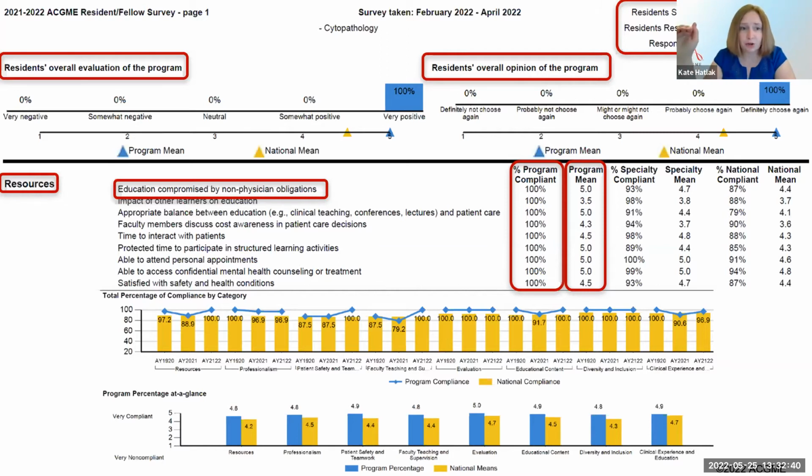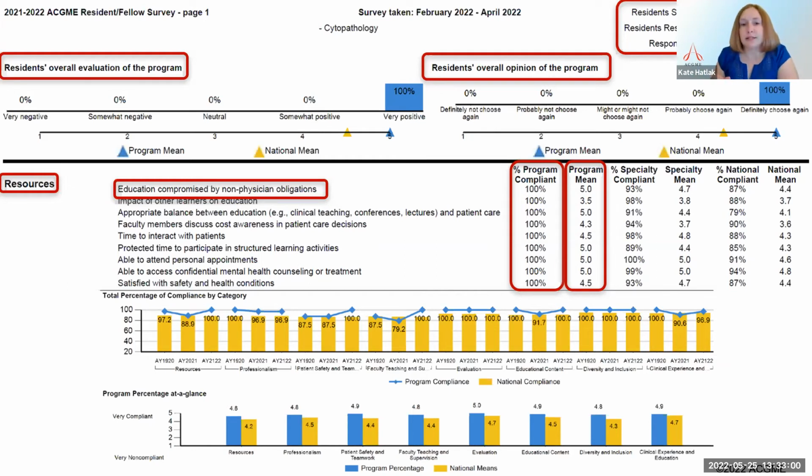Whereas if you look at impact of learners on other learners on education, the next one down, that also is 100%, meaning all of the respondents gave a compliant response, but the mean is 3.5. So there's a little bit of variability in where on the scale, even though it was compliant.